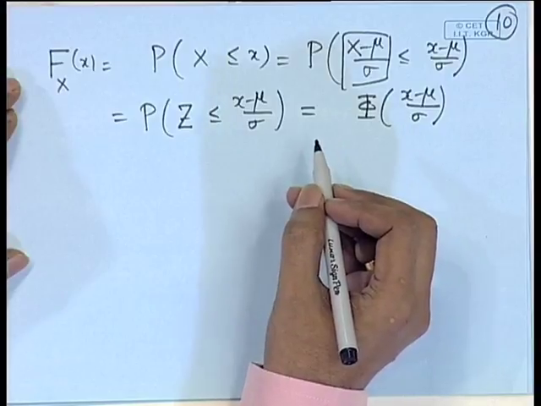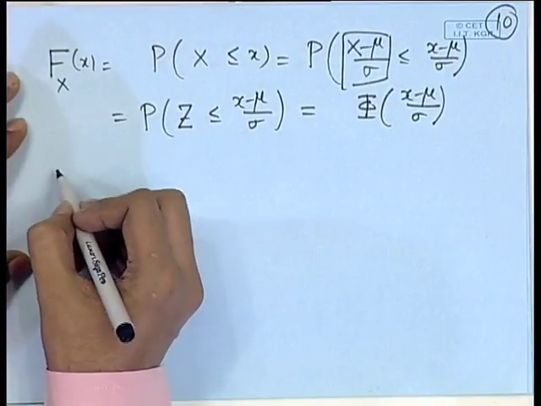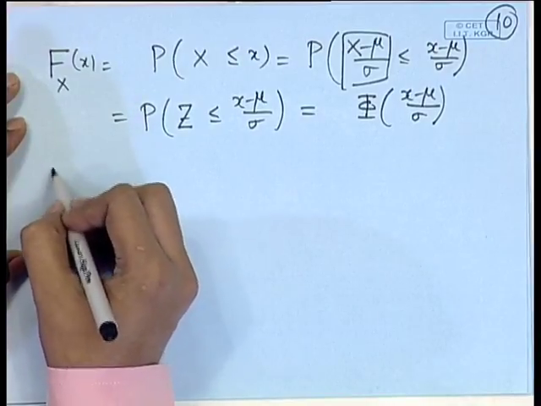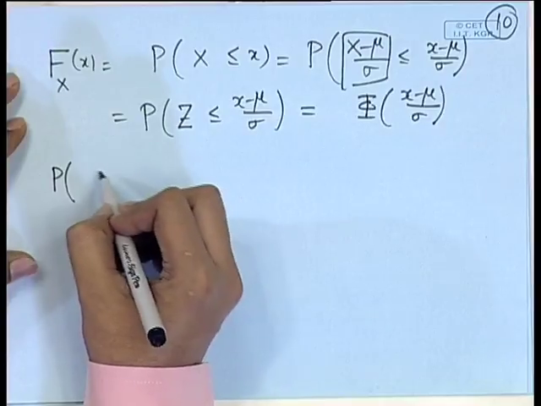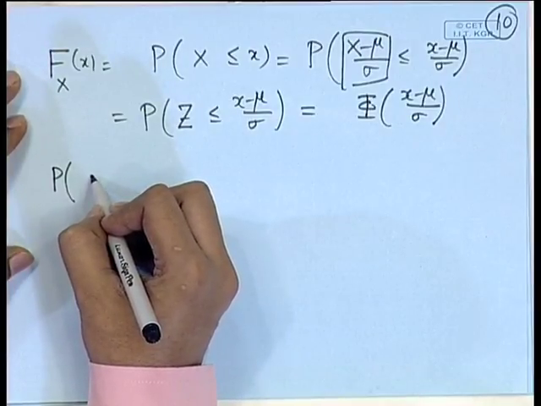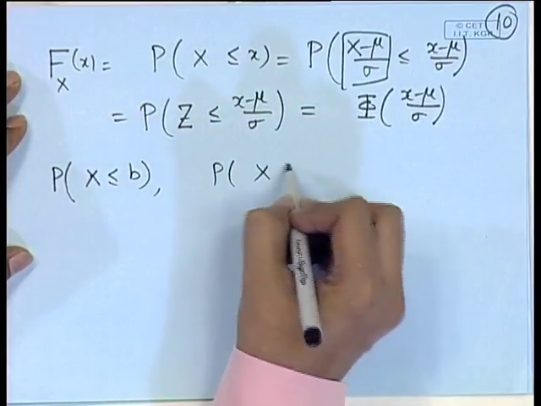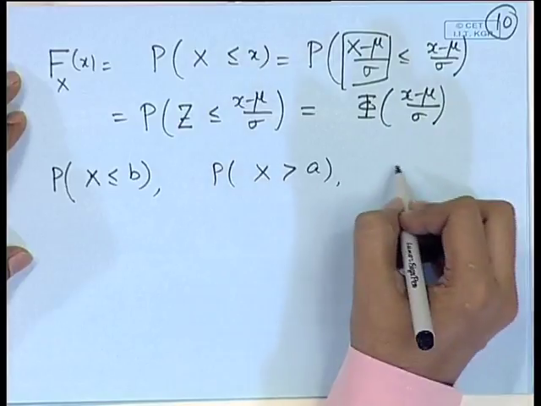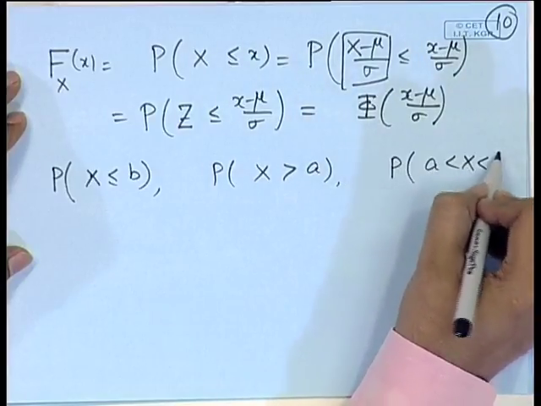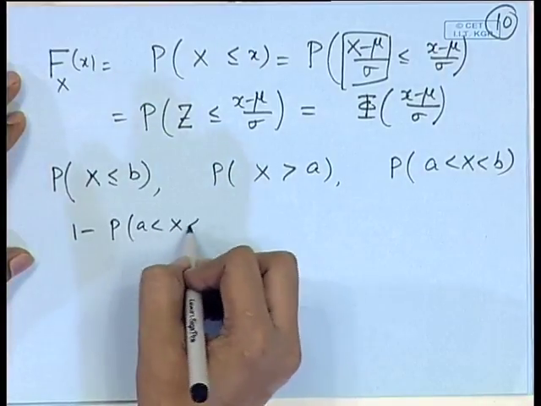In particular, if we consider any particular probability, say probability X less than or equal to b, probability X greater than a, probability a less than X less than b, or 1 minus probability of a less than X less than b.